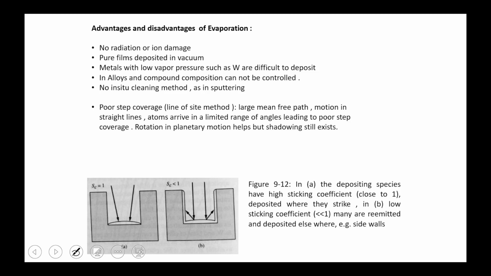So poor step coverage. This is the step coverage we have seen. The deposition has a sticking coefficient; if it is one, it forms like that, or if it is less than one, a curve will be formed. Poor sticking coefficient.